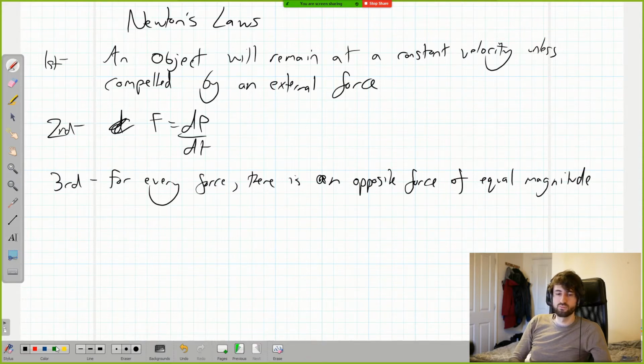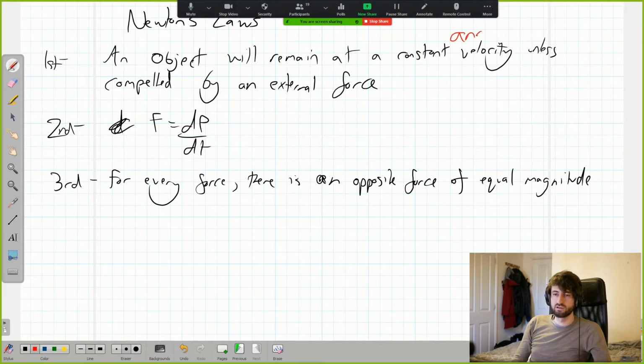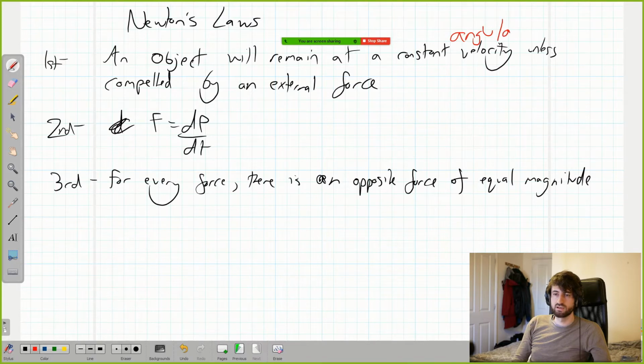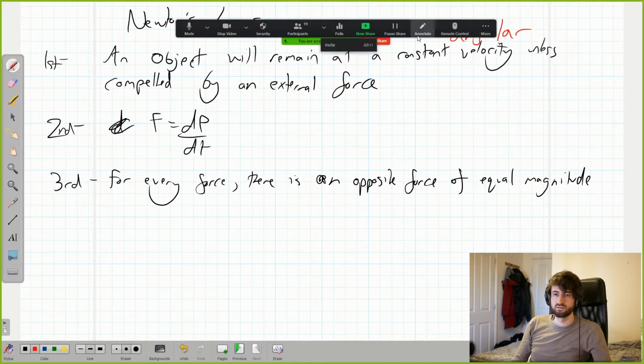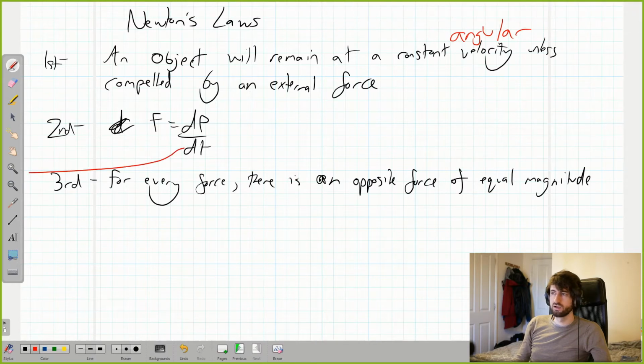Right, so now let's rewrite these for rotation. An object will remain at a constant angular velocity unless compelled by an external torque.